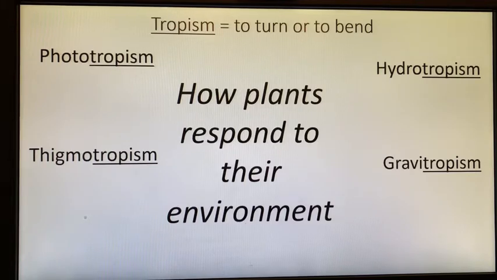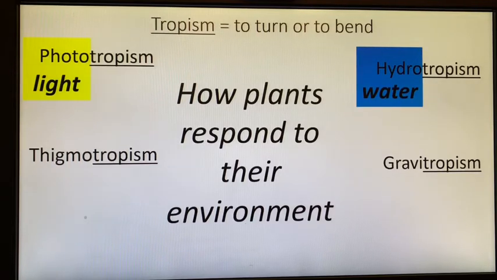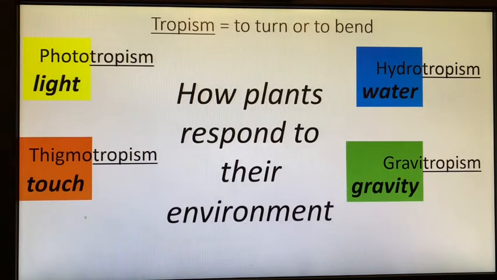So let's look at the prefixes on each one of those words. Photo means light. So a plant responding to light makes sense. They need it to survive. Hydrotropism. Hydro means water. How plants respond to water. Thigmotropism. Thigmo means touch. So how plants respond to touch. And gravitropism, plants actually respond to gravity as well.